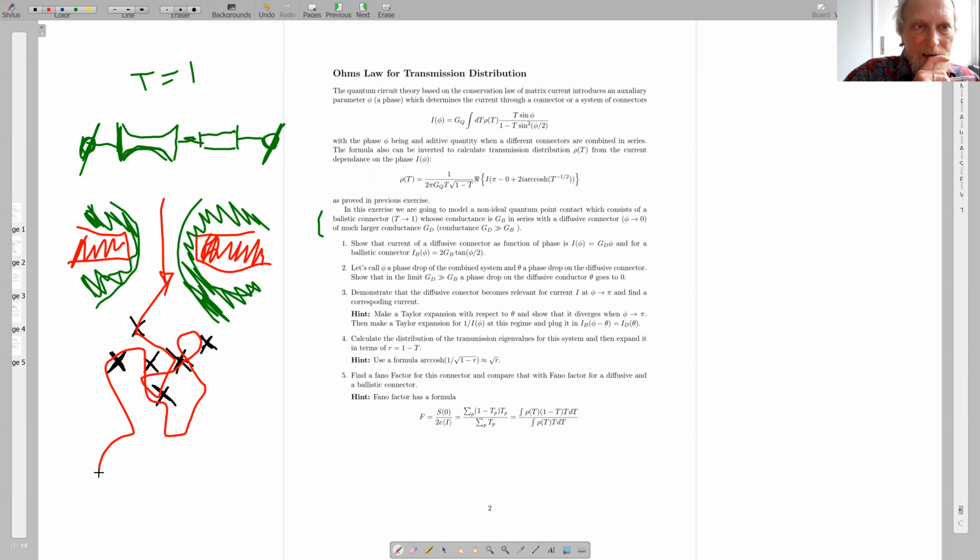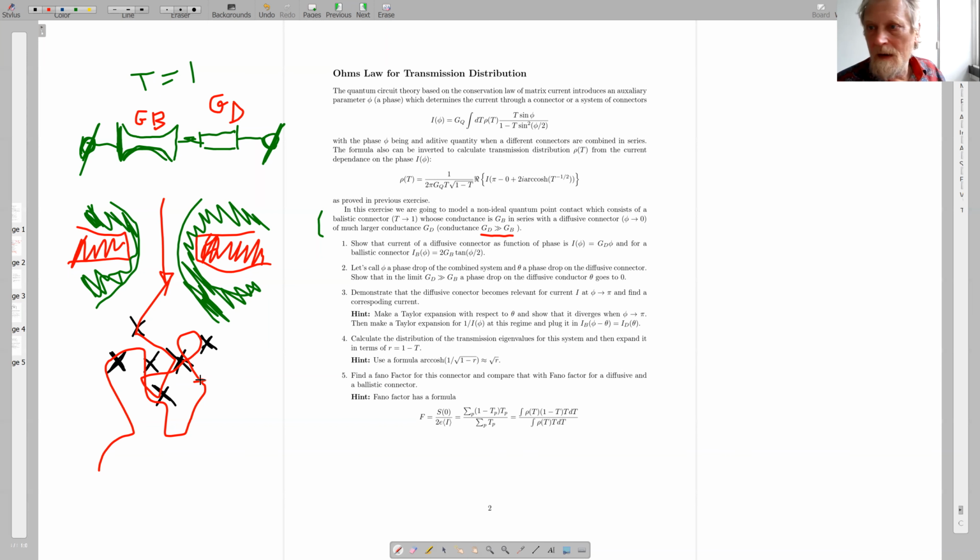We want to solve this problem in a certain approximation. The conductance of the diffusive part is much bigger than the conductance of the quantum point contact. It means that this scattering at impurities disturbs the transport only slightly.